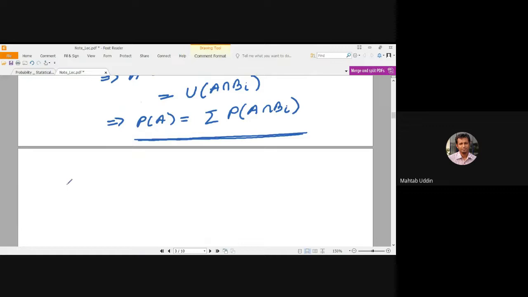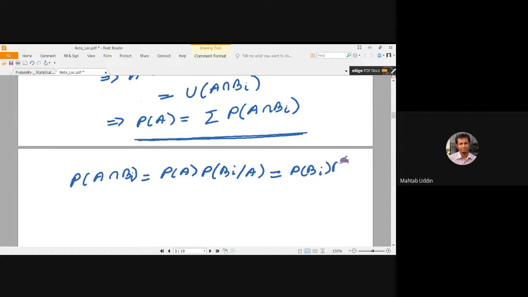Now we know P of A intersection B can be written as P of A, P of B given A, and for any Bi, P of Bi under A. Also we can write here P of Bi, P of A by Bi. Can we write it?